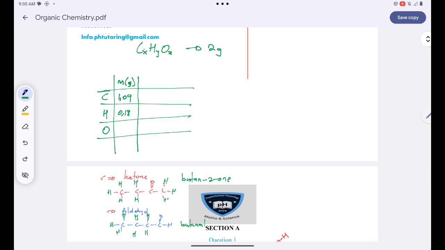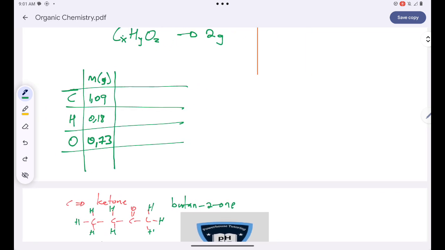I'll simply say 2 minus the sum of 1.09 plus 0.18. This will give me 0.73. Remember, guys, I did that because whenever I add all these masses, I must get 2 grams altogether. So 1.09 plus 0.18 and 0.73 should all give me 2 grams.